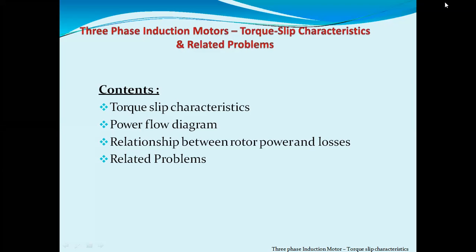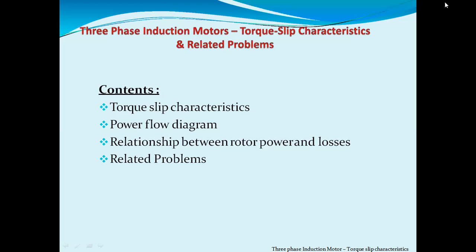S is the slip, and X2 is the reactance of the rotor, because there is the concept of inductor as well as resistance. That's why, instead of impedance, we take reactance here.